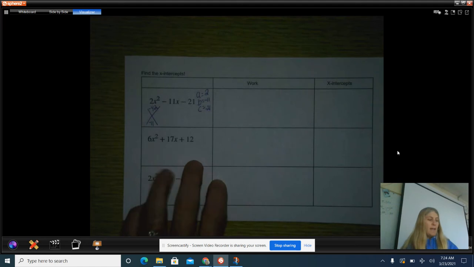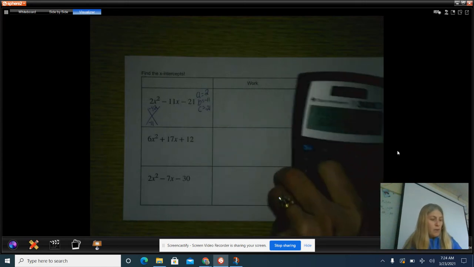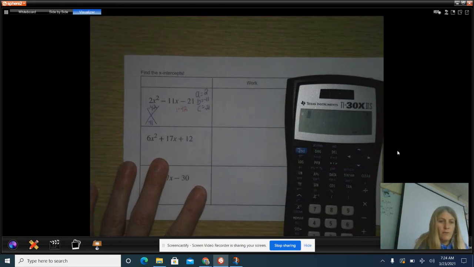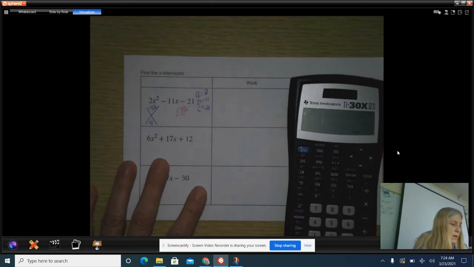Now we're going to take a look at all of the factors that make up 42. Our first one is always 1 times the number itself, and that adds to 43, subtracts to 41. Then we have 2 times 21, which adds to 23, subtracts to 19.